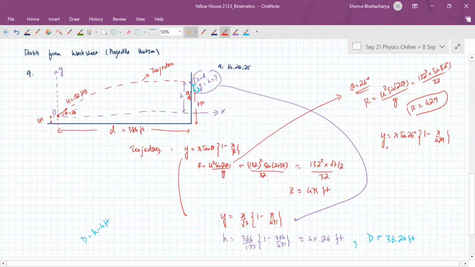Now, tan 26 similarly, it's about 0.49. So it's almost half.